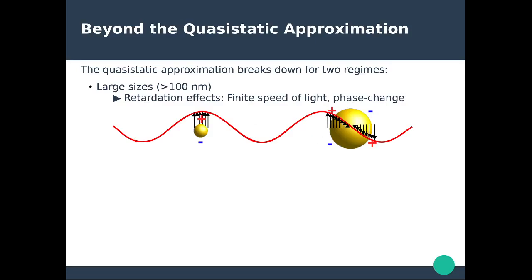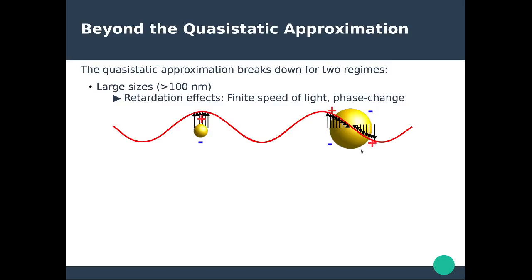Now, when you have a larger nanoparticle, because the size of the nanoparticle is then comparable to the wavelength of light, then on one side of the nanoparticle, you may have a different electric field than on the other side. And this phase change is going to be responsible for inducing different charge distributions on both sides.